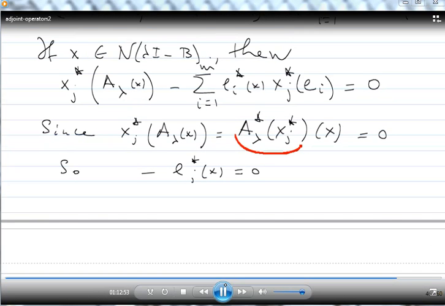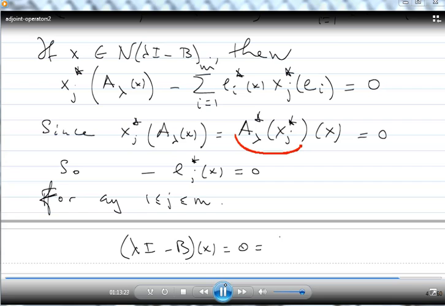So this tells you that for any j between 1 and n, that was true. So this tells us that lambda I minus B at x equal 0 equals A lambda of x minus 0, because all the ei stars are equal to 0.